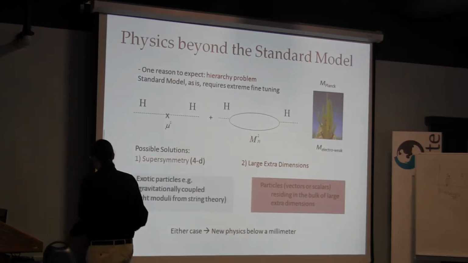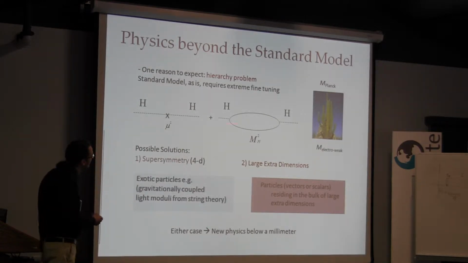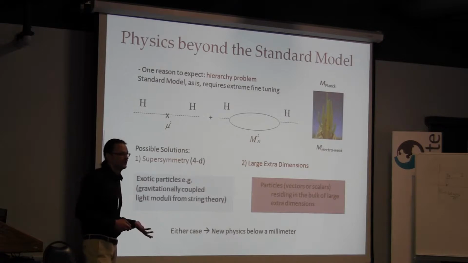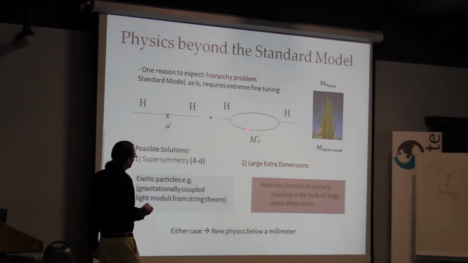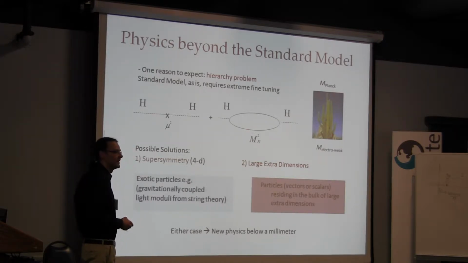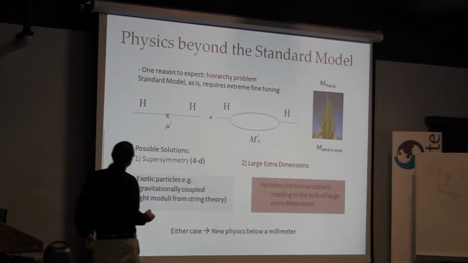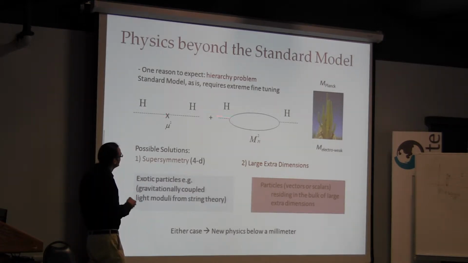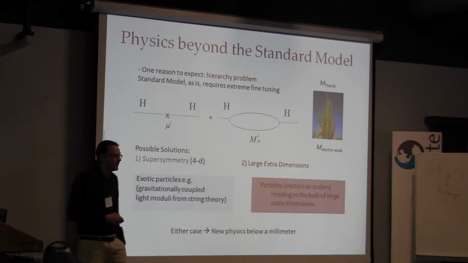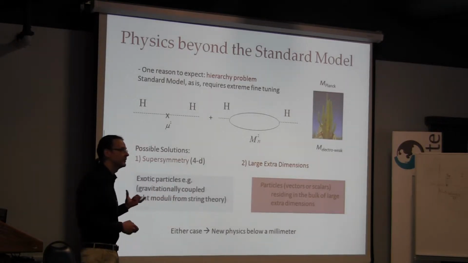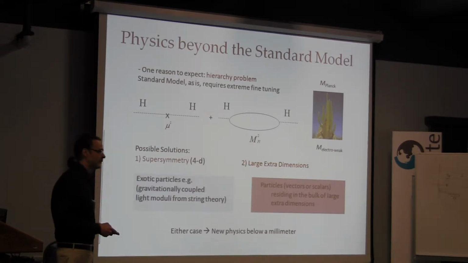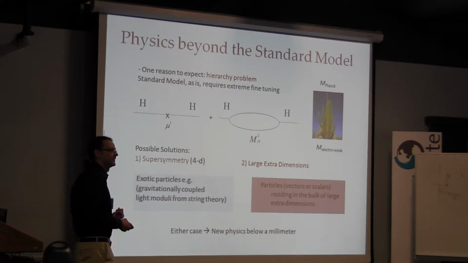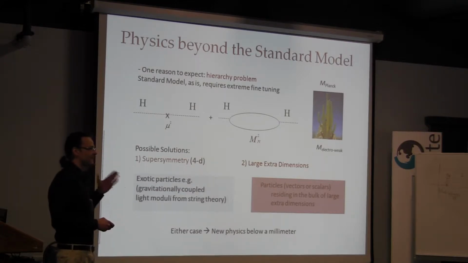If you look at quantum corrections, here's an example of a Feynman diagram, the Higgs mass is going to be corrected by radiative corrections in quantum field theory, and this correction is going to be cut off at the highest energy scale in the theory, which is the Planck mass. What that means is that in the standard model, I have to take these two terms, this bare mass squared and this Planck mass squared, and subtract those two numbers. They need to cancel at the 32nd decimal point to have what's left over be a physical value for the Higgs mass. So this is a really finely tuned situation.